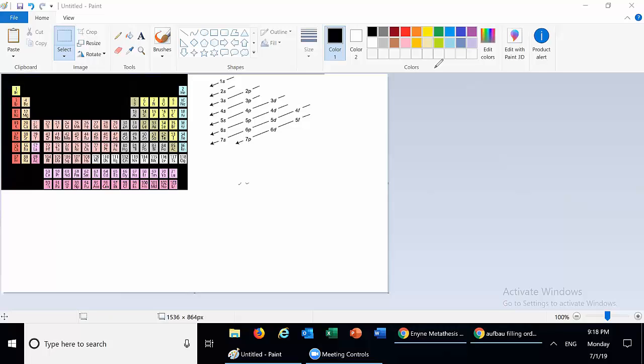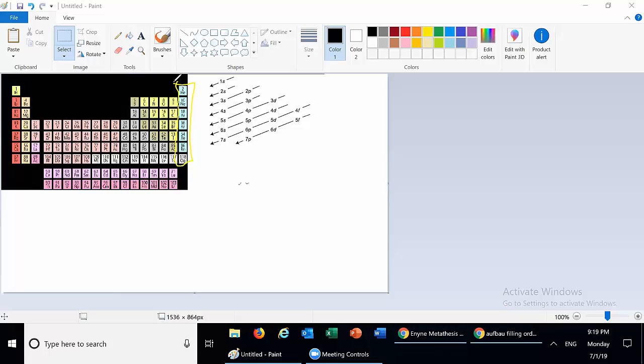Because as you can imagine, these electron configurations start to get very long. So basically, to abbreviate this, we start from this column, the noble gases, take their electron configurations, and just add onto it.